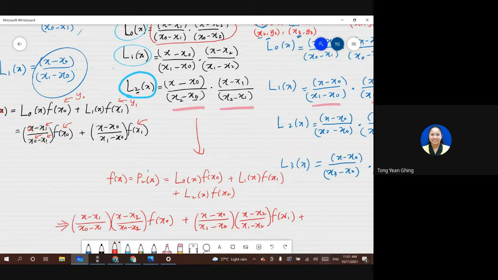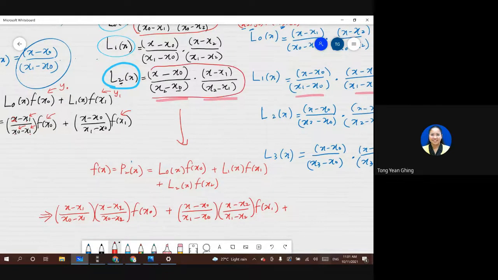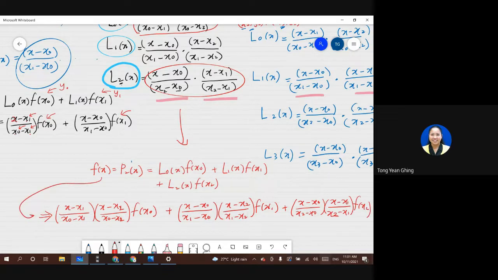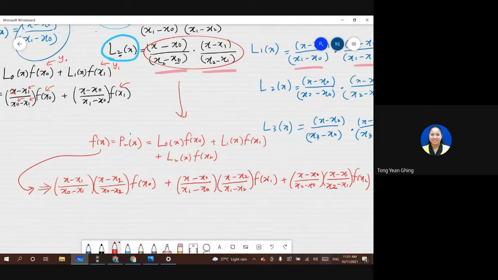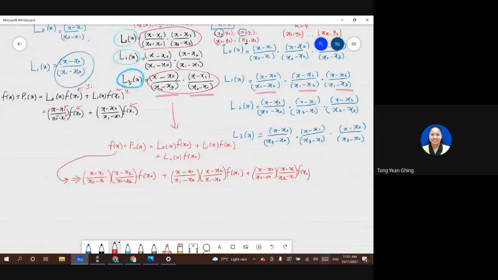Add again the next one: x2 minus x0, x minus x0, x2 minus x1, x minus x1, then f x2. So it becomes very long. Then we can get the answer.